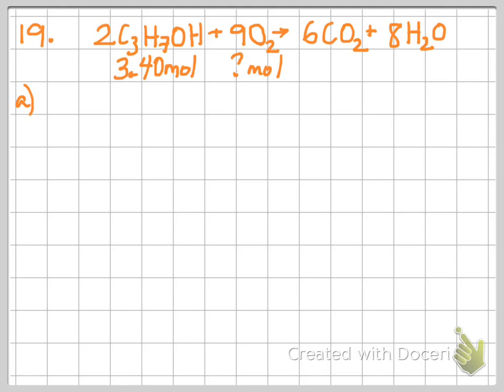Again, we're going to start with our given, which is 3.40 moles of our alcohol. Now, we're being asked to change from one substance to another, and our only way to do that is to use a mole ratio.